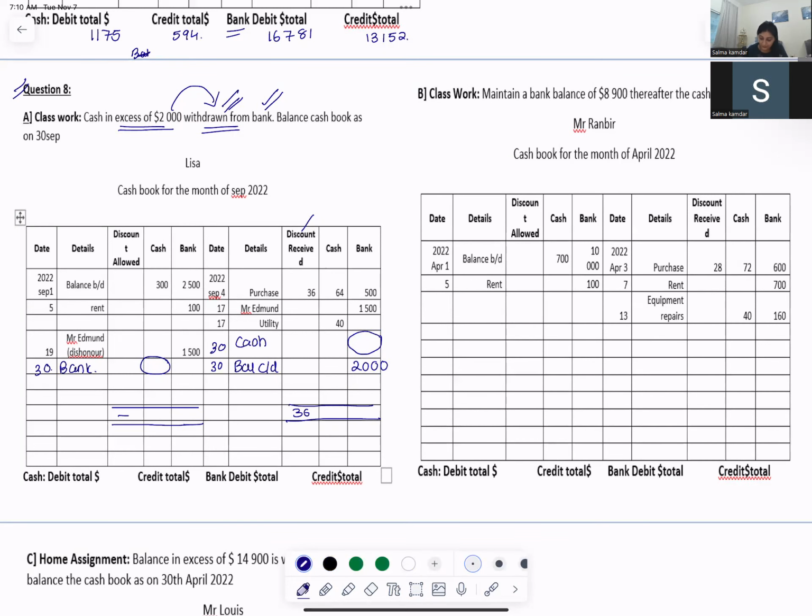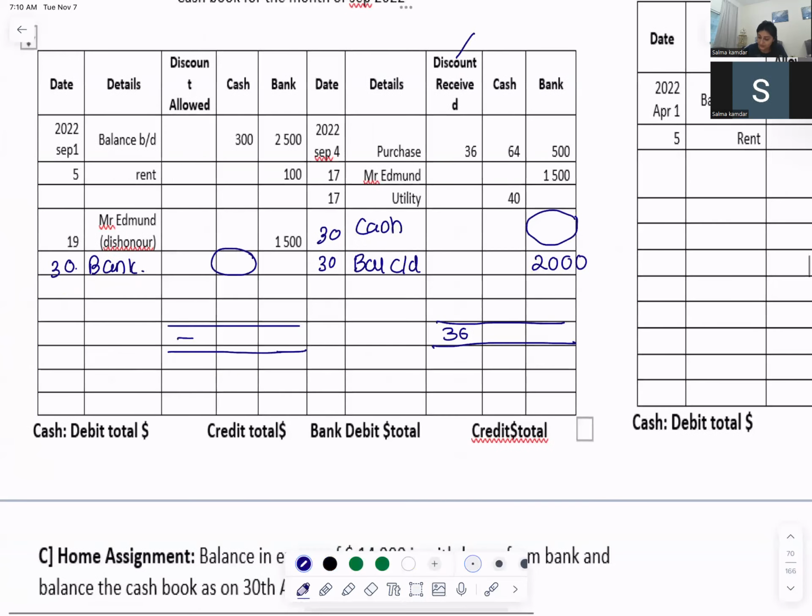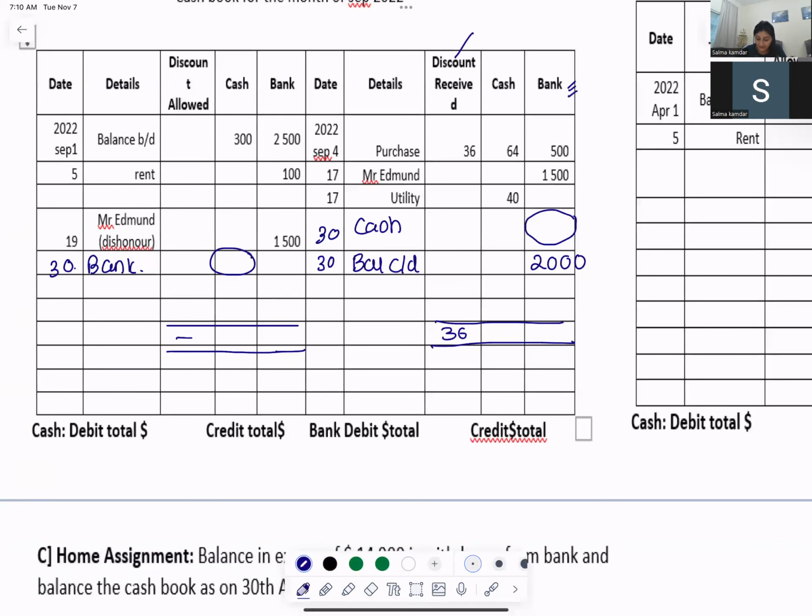Now you have to close as usual. First, as per the instructions, it is related to the bank account, so I will close the bank account. The bank account debit total is 4,100. And the credit total is 4,000.